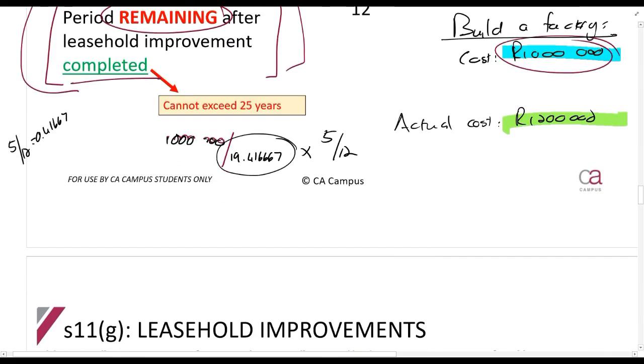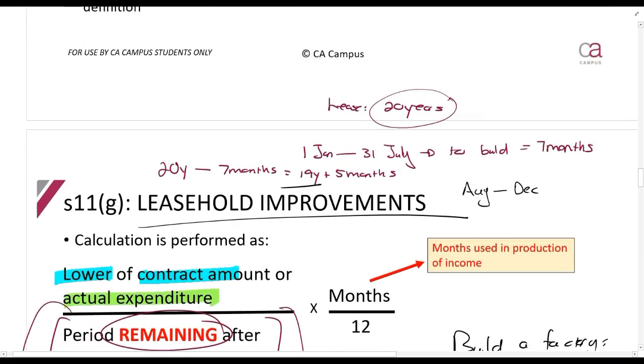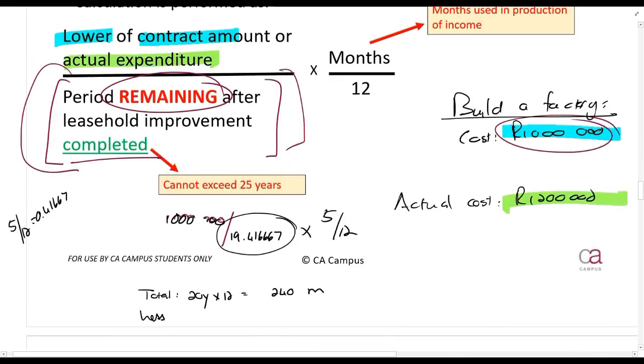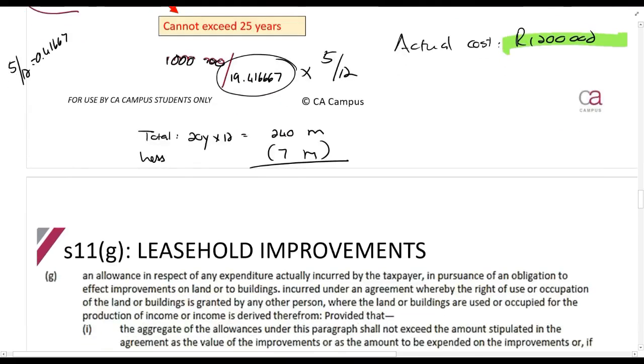The other way of doing it, and you need to find what works best for you, is to say the total period of this lease was 20 years times 12, so 240 months, less the period it took to build it, which is this 1 Jan to 31 July, so 7 months. That leaves us with 233 months.